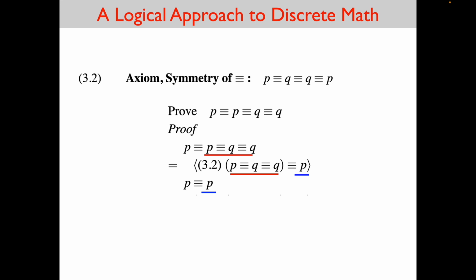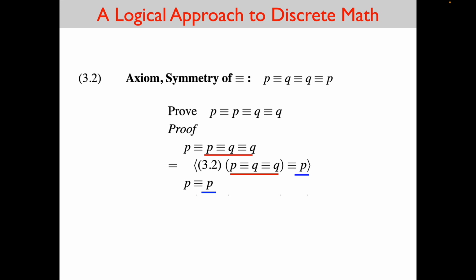So do you see what happened was, because the quantity in parentheses is equal to P, that means we can replace the P equals Q in the first line of the proof with P. And we wind up with P equals P. But now, is that a previously proved theorem?